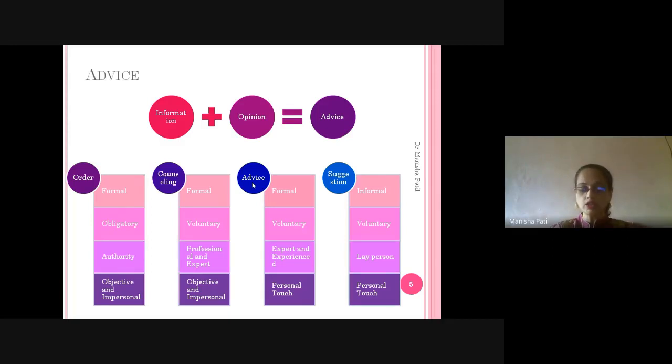Now, it is not told by the experts, it is not obligatory, and it is informal. So, that is the difference between suggestion and advice. Advice is given by expert and experienced person, but suggestion is given by any lay person. Anybody can give the suggestion, but not everybody can give advice.